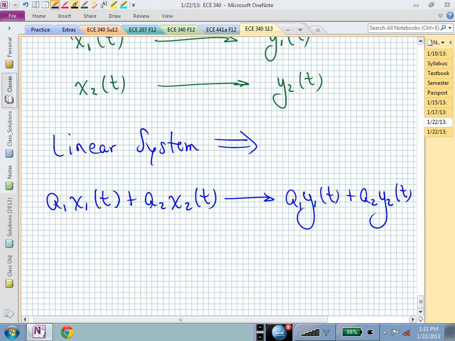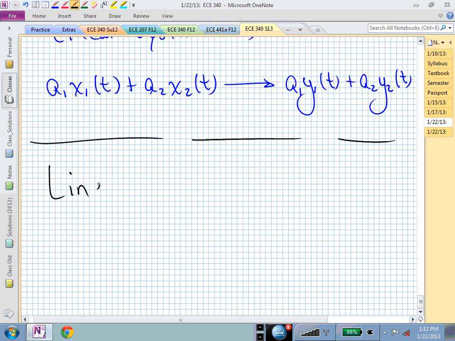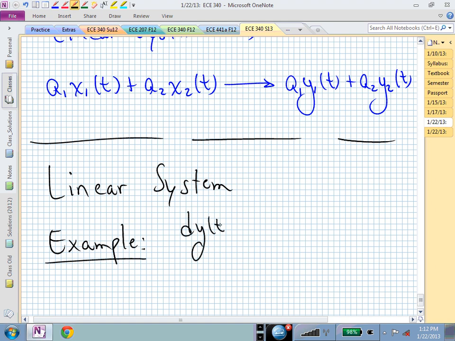Let's look at an example. Again, these are different characteristics of a system. Here is a linear system. Suppose that I have a system that is governed by the following differential equation. The input is x, and the output is y. And the output is governed by this combination of y and its derivative.